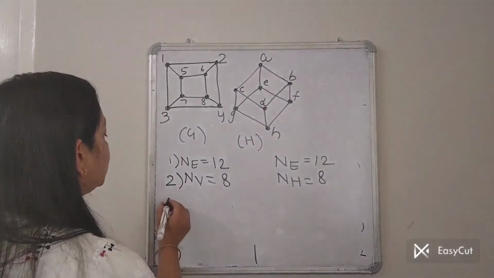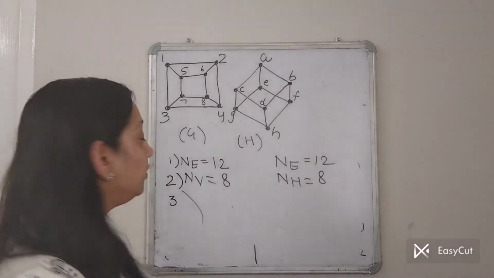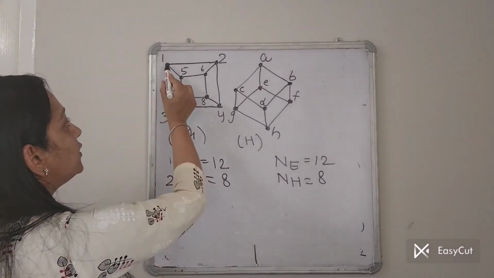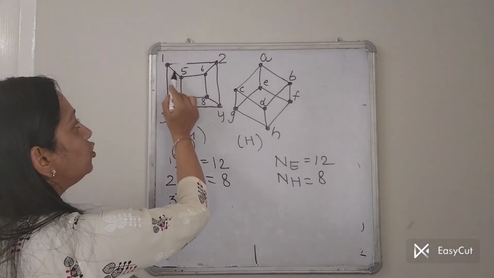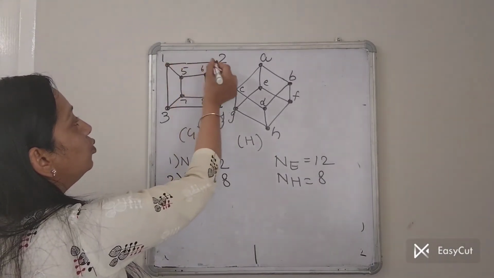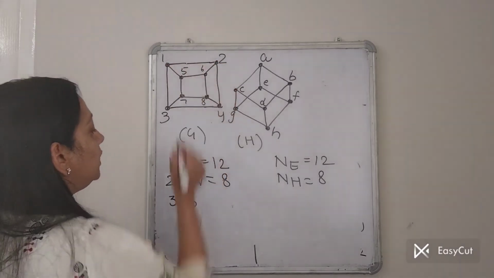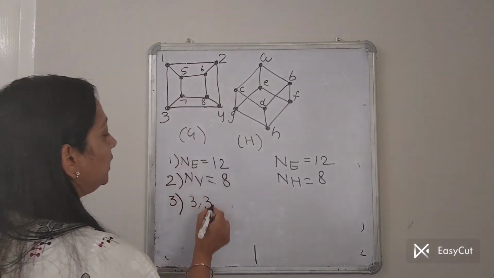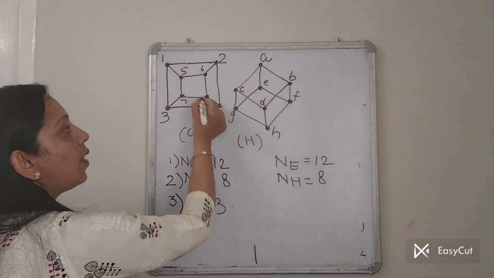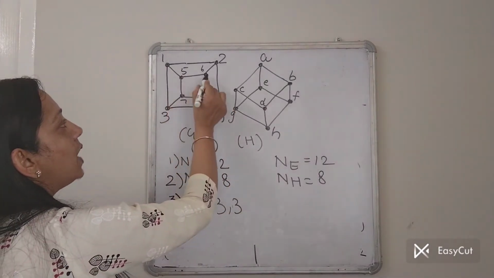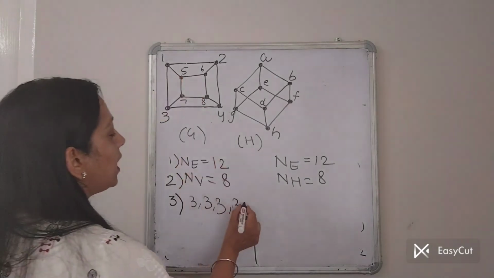Now let's look at the degree sequence of both the graphs. Okay, if I look at the degree sequence of vertex 1, it is 1, 2, 3. So 3. Then for vertex 2, it is 3. Then for vertex 3, 3. For vertex 4, 3. For vertex 5, 3 again.